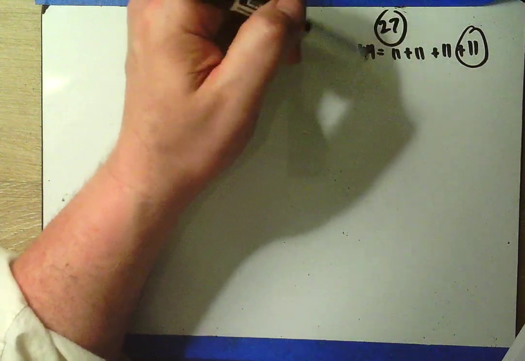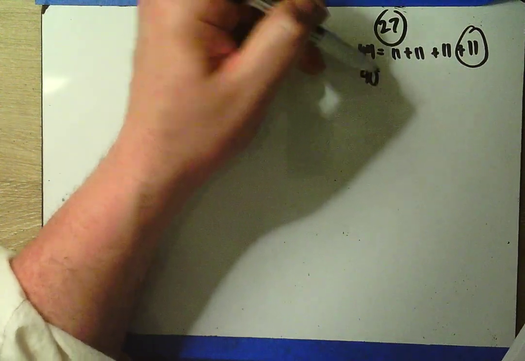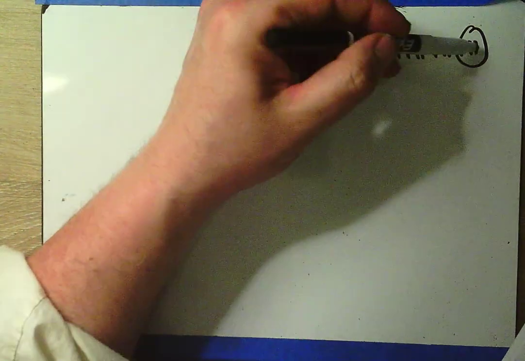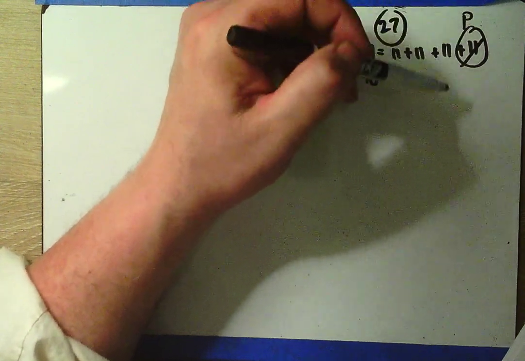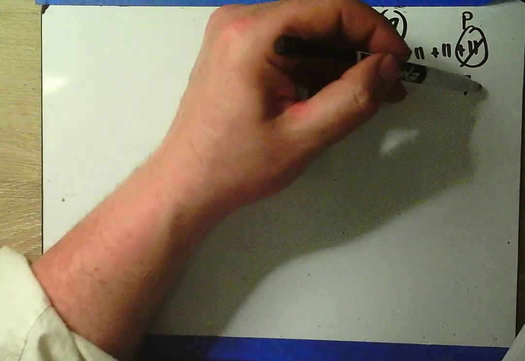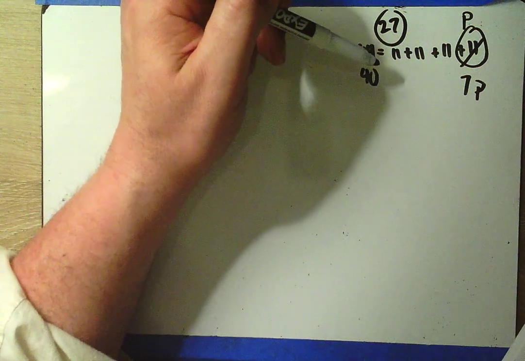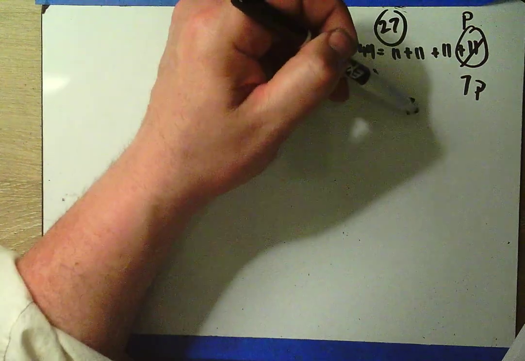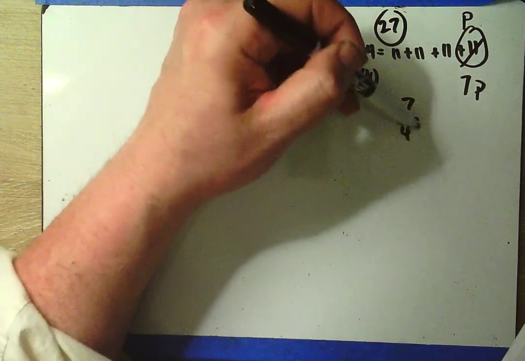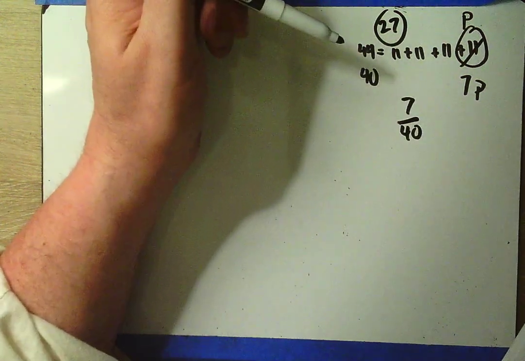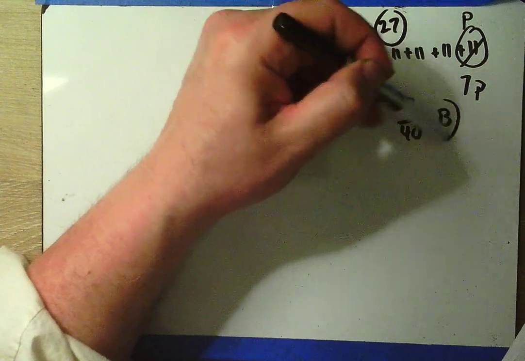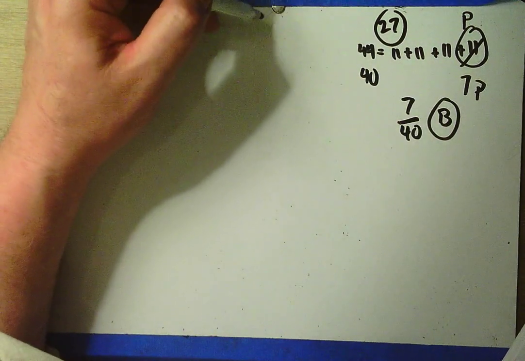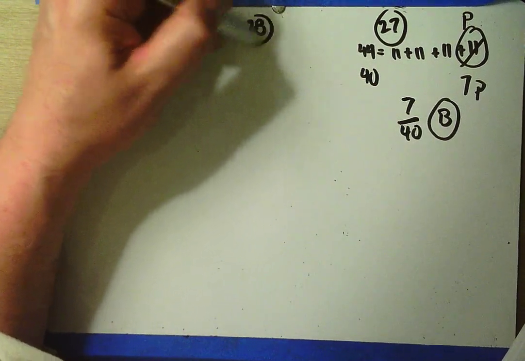So we took 4 marbles away from the total, so the total is now 40. And we took 4 of these purple marbles away, and so now we only have 7 purples. So what's the probability that the 5th marble will also be purple? Well, there's 7 purples left and only 40 marbles to choose from. 7 over 40 is my answer, and that's why B works for me for 27.